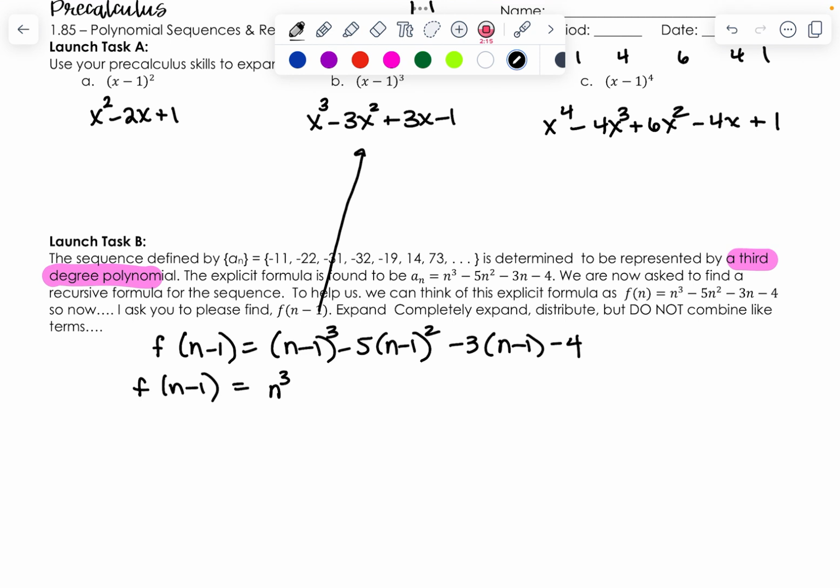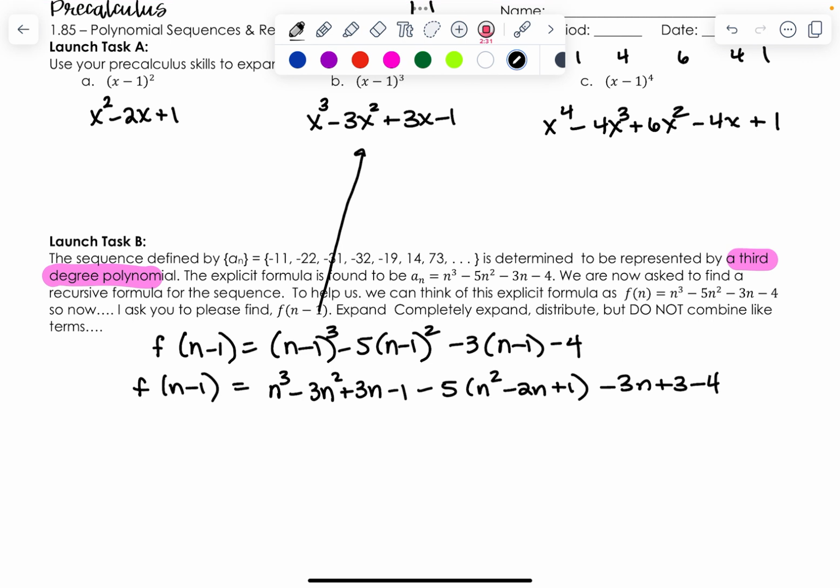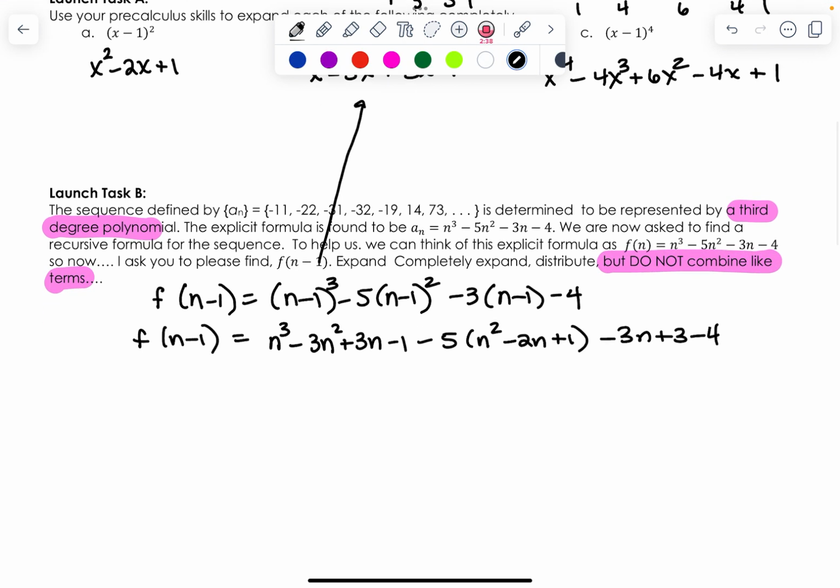This is going to be n cubed minus 3n squared plus 3n minus 1. The signs alternate. Minus 5 times n squared minus 2n plus 1 minus 3n plus 3 minus 4. Do not combine like terms, okay, because this is going to defeat what we're trying to do.